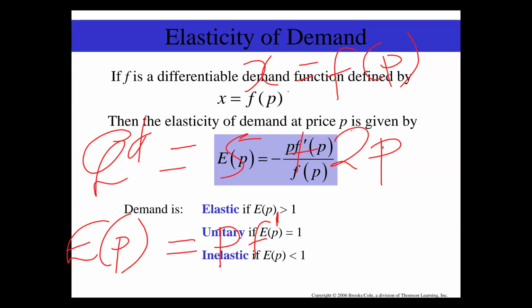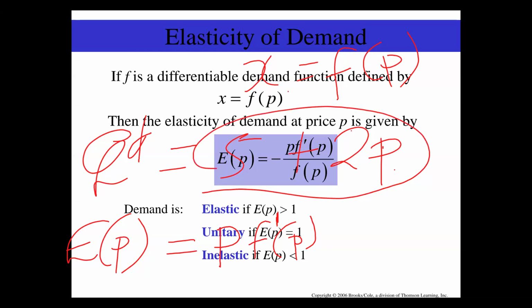The demand function has been differentiated with respect to P, right? You're following what we mean? I'll repeat that. The price multiplies the derivative of the function with respect to price, meaning you have differentiated this function with respect to price, divided by the function itself. So this will give us the elasticity of demand.